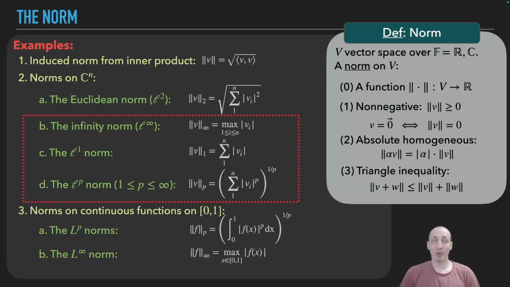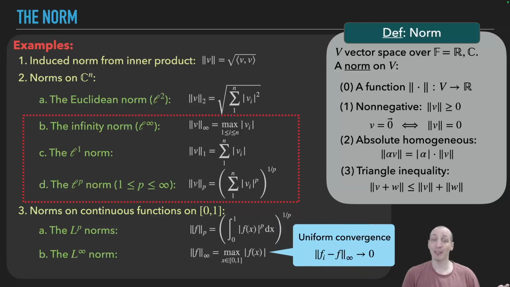To say that a sequence f_i converges uniformly to f means that not only f_i(x) converges to f(x) for every x, but you do it simultaneously. And if you write it formally, this just means that if I look at f_i minus f and I take the L infinity norm, it goes to 0.